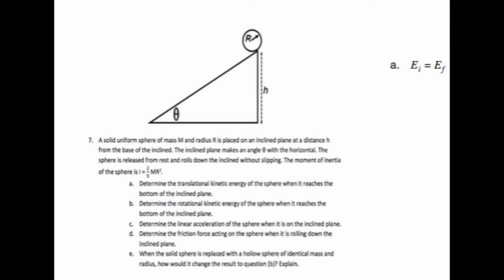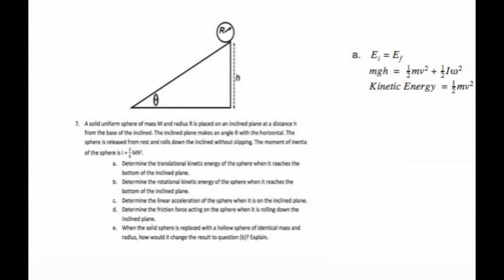Part A of this problem asks to determine the translational kinetic energy of the sphere when it reaches the bottom of the inclined plane. To do this, we have to set our delta E to equal 0 because there are no outside external forces such as friction. So we say E initial is equal to E final. Initially, the ball is not moving, so the only energy it has is gravitational potential energy, which is mgh.